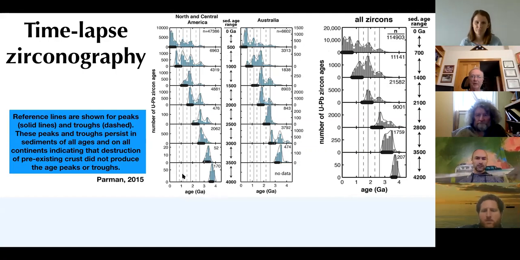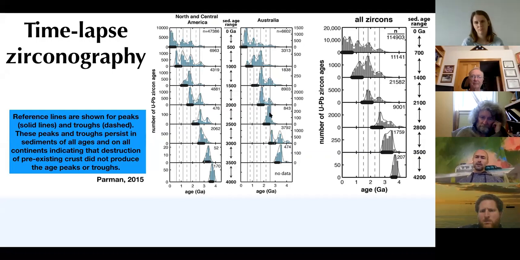Is that showing up? Okay, good. So we've got in North and Central America, the sedimentary rocks that were deposited between 3.5 billion and 4 billion. And these are the detrital zircon from sediments of that age specifically. And then as we kind of march ourselves through time, we can see how those peaks evolve on different continents at different times.